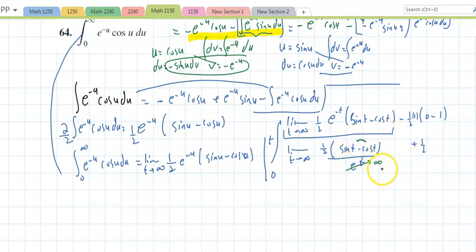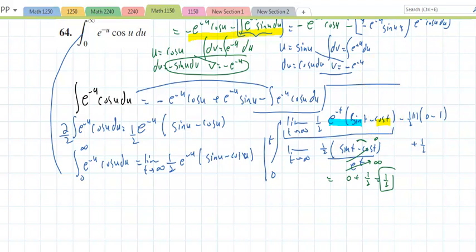At most there'll be a 2 and lowest will be a negative 2. So since that's a number that's bounded, going back and forth, that's going to approach 0. And I'm left with 0 plus 1/2, which is 1/2. Of course, if I wanted, I could have split this up and done those individually, right?